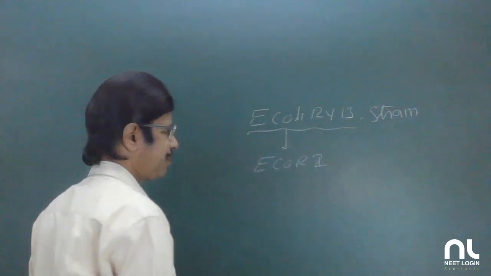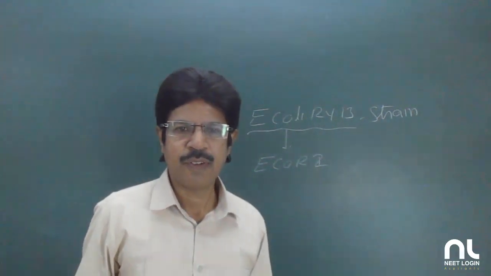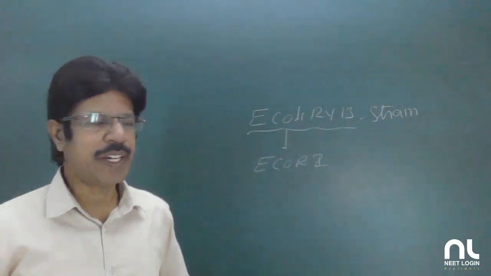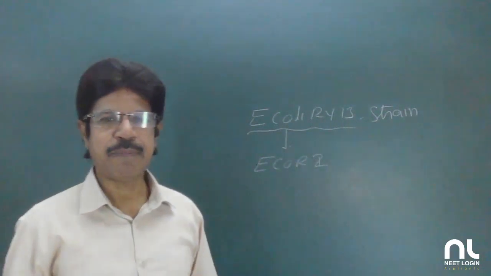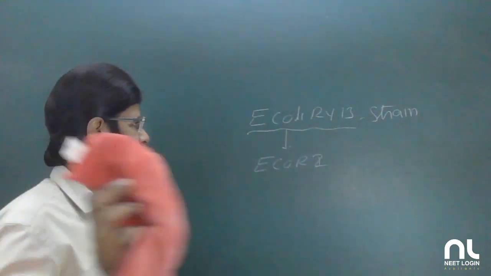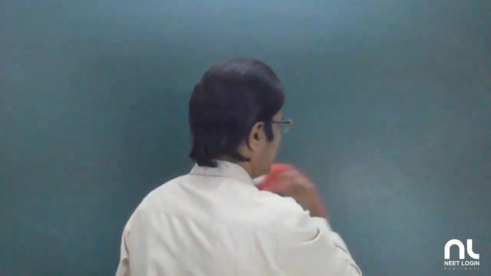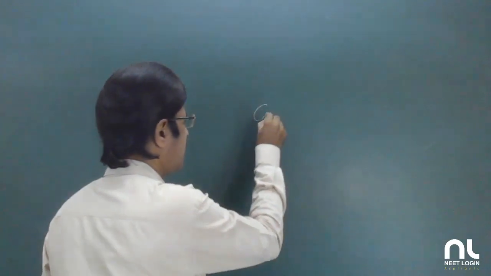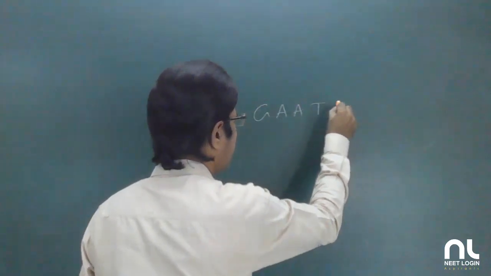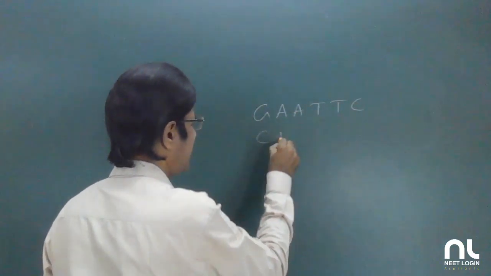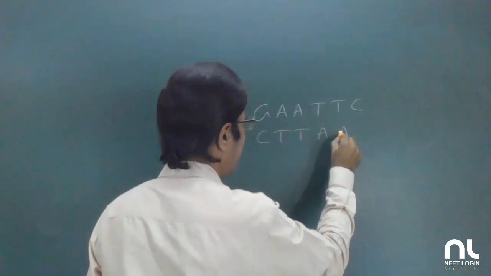EcoRI. It is a polypeptide. EcoRI has a recognition sequence, what is it? GAATTC, with the complementary strand CTTAAG.